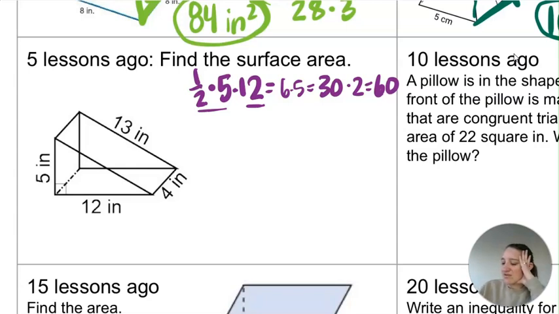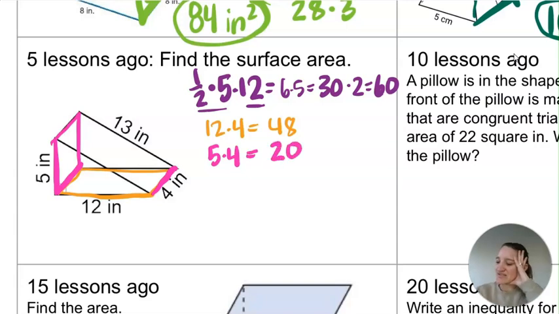Okay. Now let's start with getting the rectangular parts. So that rectangle right there is 12 times 4, which is 48. This back rectangle is 5 times, what is that right there? Well, it's parallel with that and equal to that. So 5 times 4.